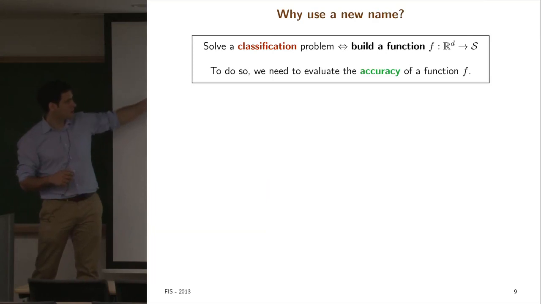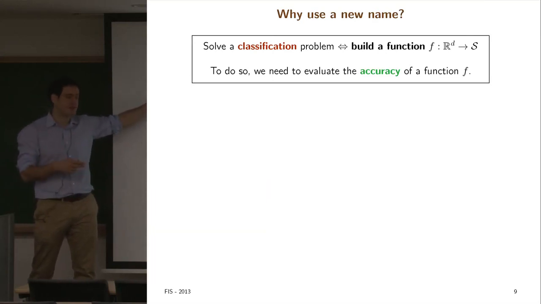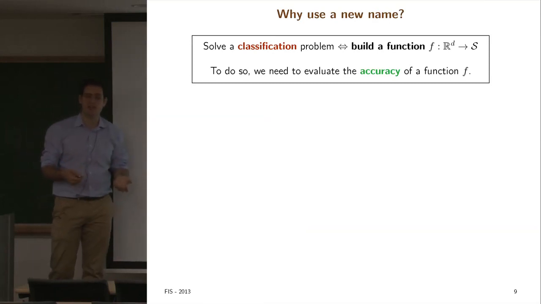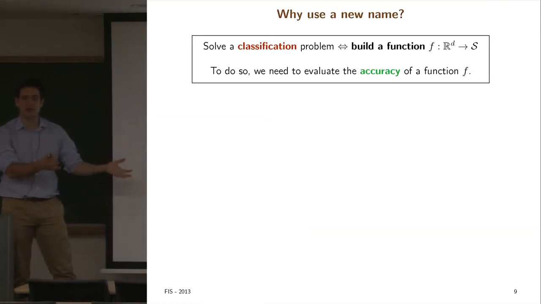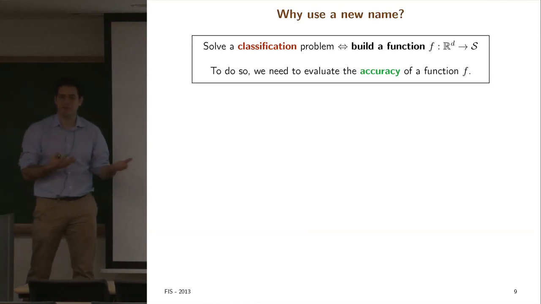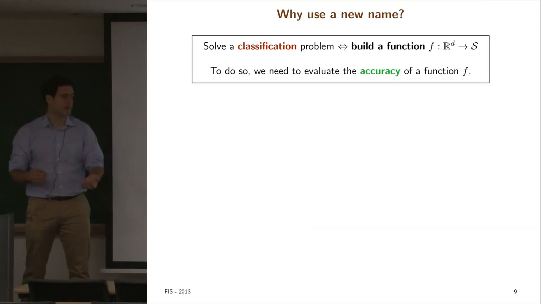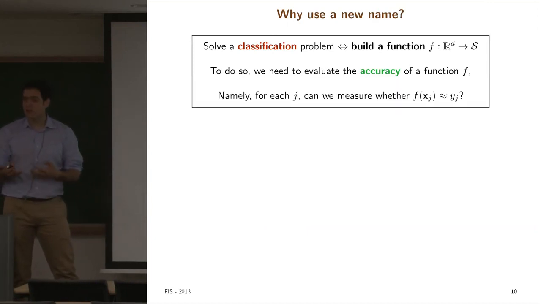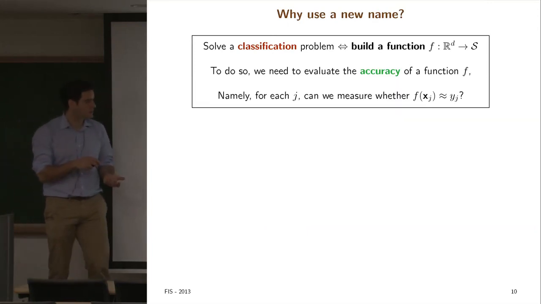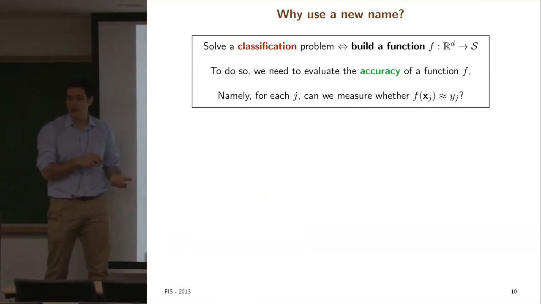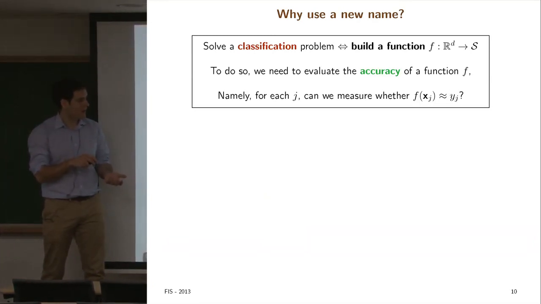Well, it's different because exactly as in the linear regression case, we need to evaluate the accuracy of a function f to select one. This is the way we do things in machine learning. We have a training set, and we try to see if our current function f kind of agrees with the data. And agreeing with the data is related to seeing whether f of xj is not too far from yj.